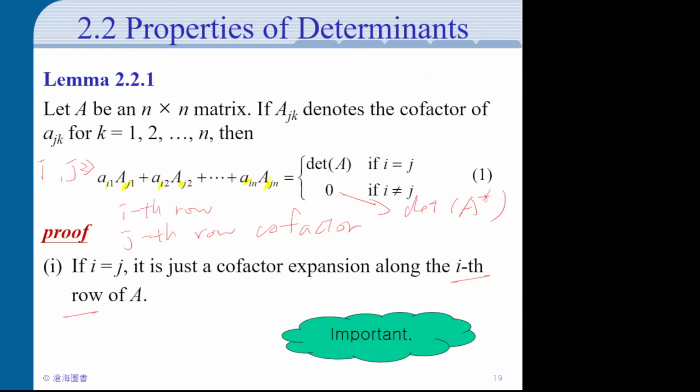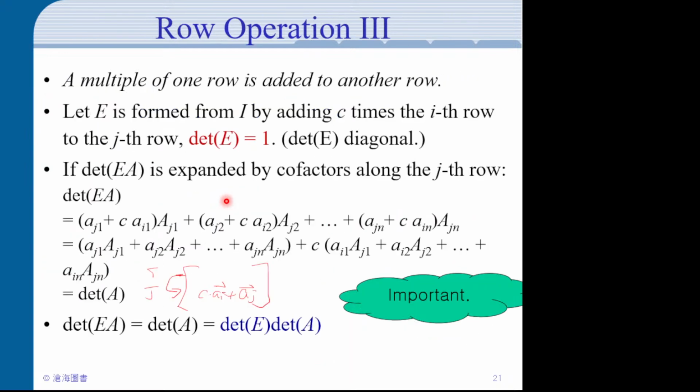This is why we want to prove this weird lemma. It's one row times the cofactor of another row, so I is not equal to j. Obviously, when you do a row operation, you are doing different I than j. By the lemma that we proved with a lot of effort, the determinant of a matrix with two same rows is 0.